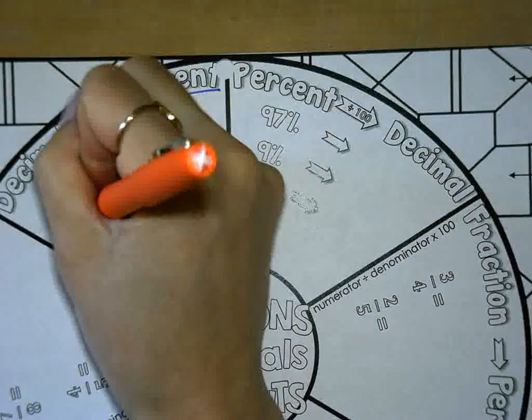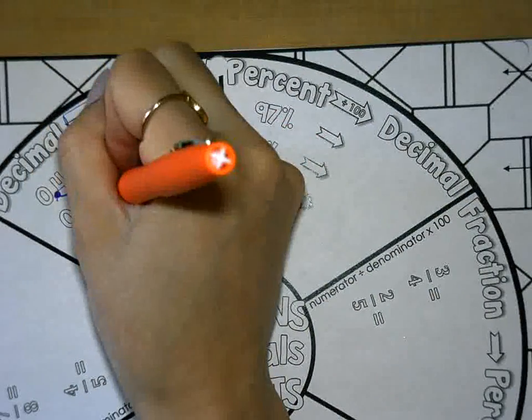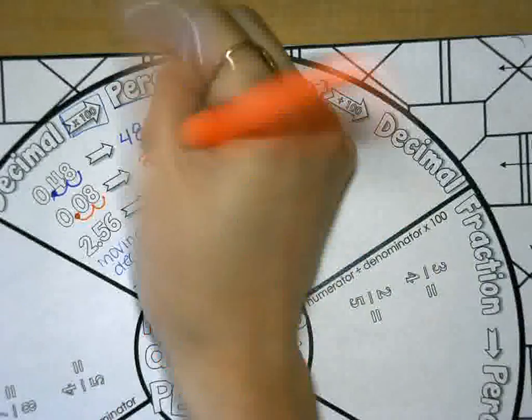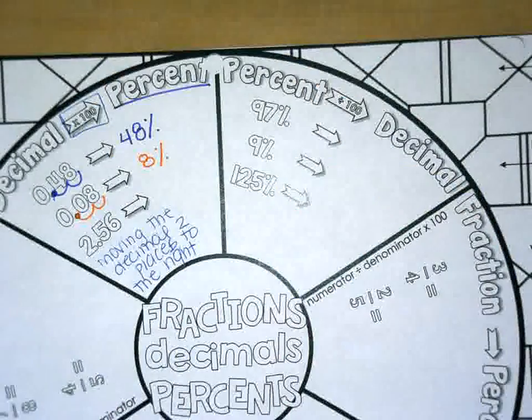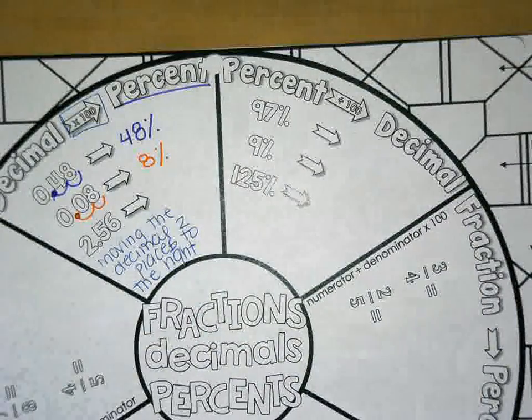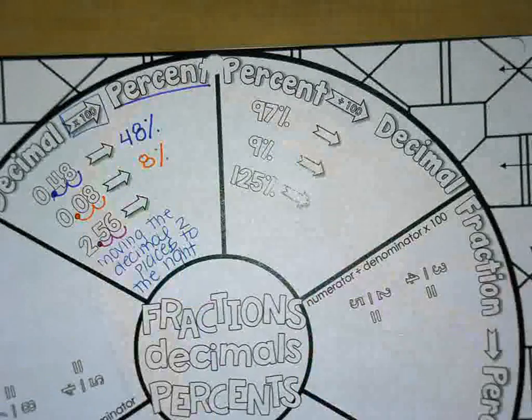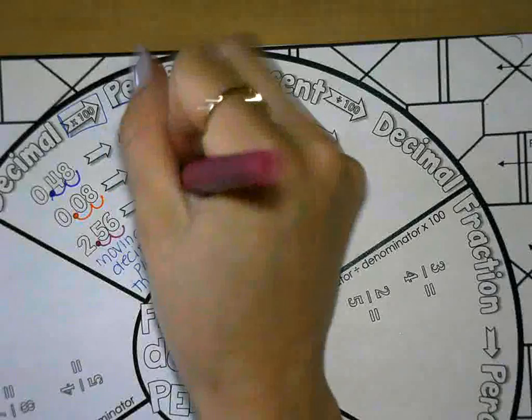I take that decimal and I go 1, 2. I have 8 because I don't need that 0 in front, and a percent sign. Last one, same thing. Take your decimal point, move it two places to the right. I now have 256%.